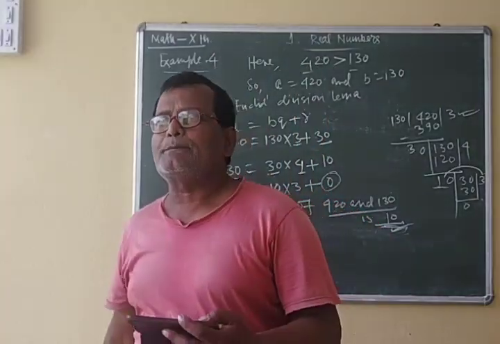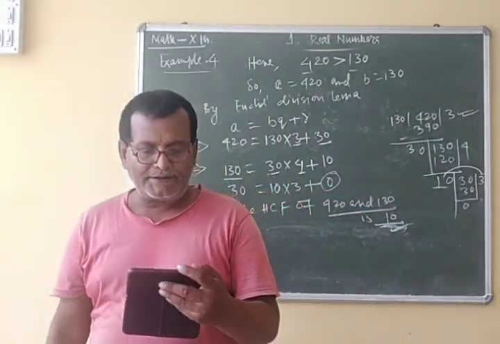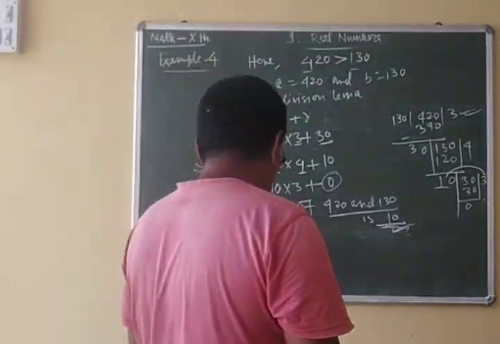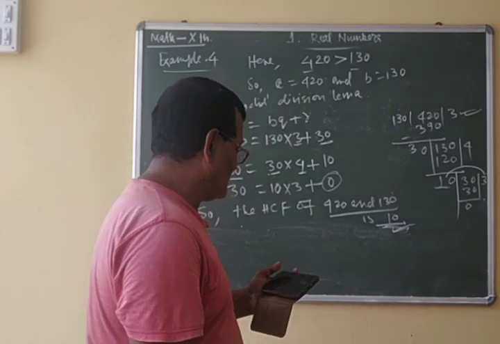What is the number of barfis that can be placed in each stack? We have to find the number.